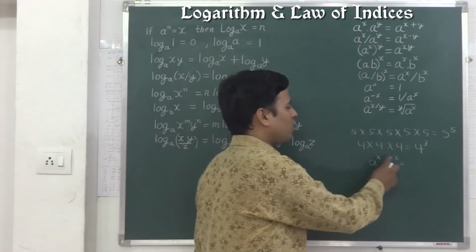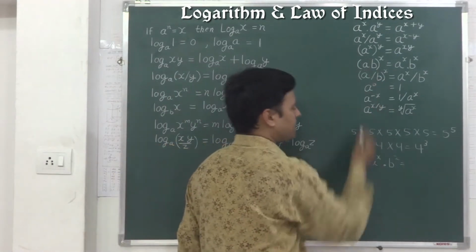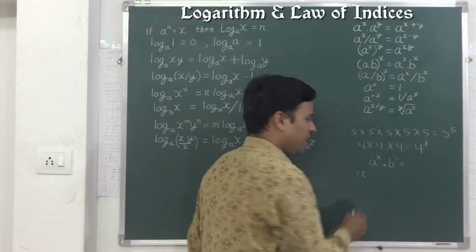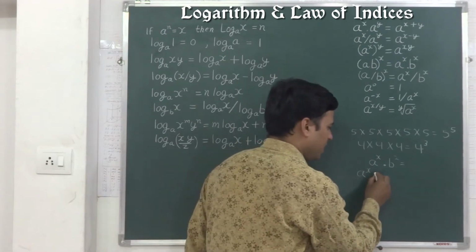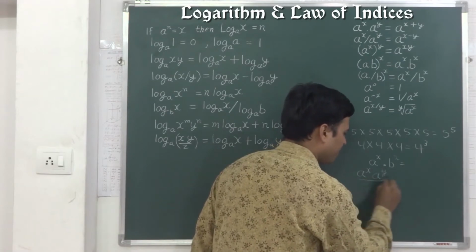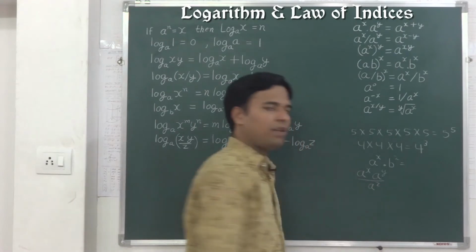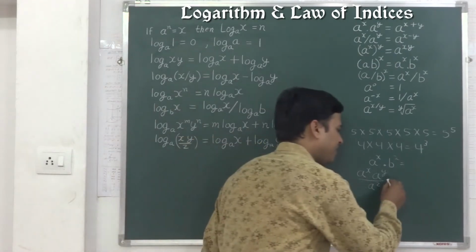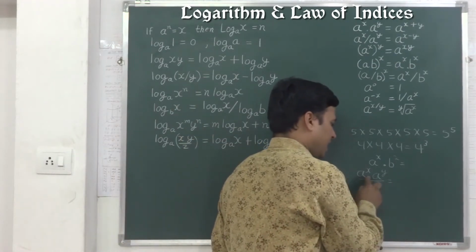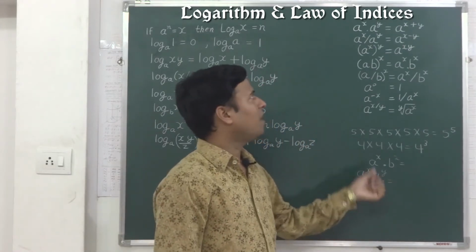If you have a complicated situation, where a has power x, the same base a having power y, and in the lower part a is having the power z, then we will solve it like a power x multiplied with a power y. What do we get?